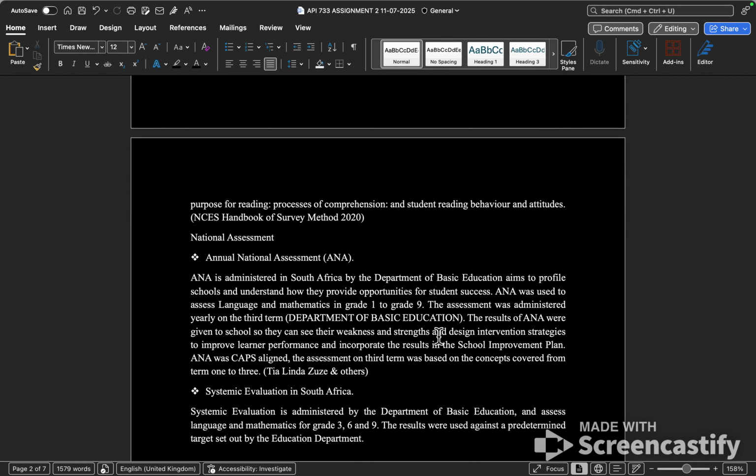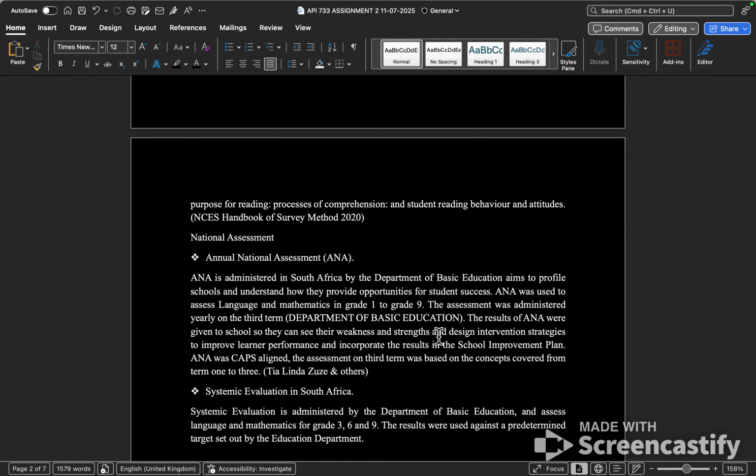It seeks to assess languages and mathematics. ANA also is CAPS aligned, which means everything that is assessed on CAPS are things that are on the CAPS document, which is a guiding document on what teachers should teach at what particular time.